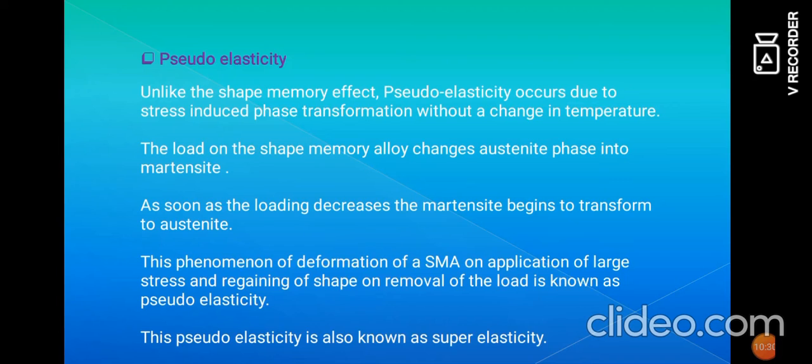As soon as the loading decreases, the martensite begins to transform to austenite. This phenomenon of deformation of a shape memory alloy on application of large stress and regaining of shape on removal of the load is known as pseudo elasticity. This pseudo elasticity is also known as super elasticity.